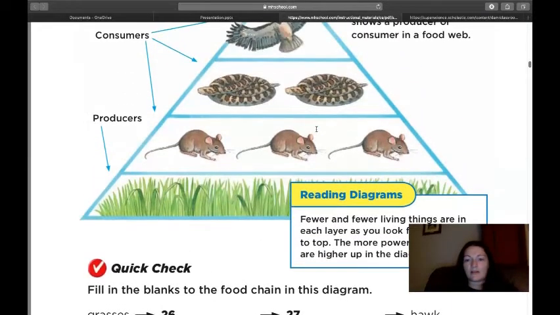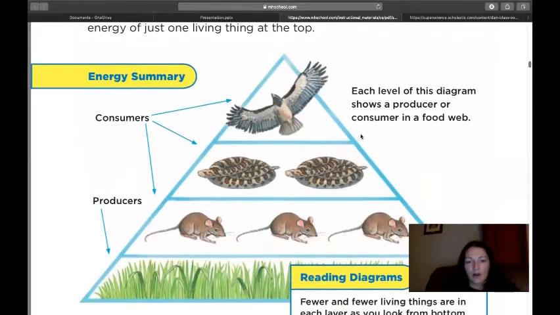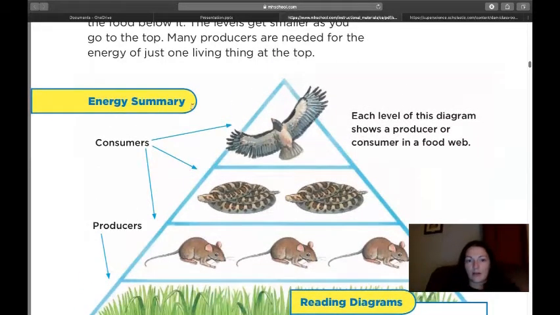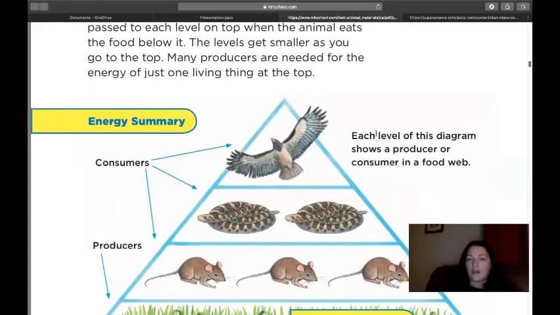I noticed a lot of diagrams. We have this triangle or pyramid shaped diagram here titled Energy Summary. Each level of the diagram shows a producer or consumer in a food web.